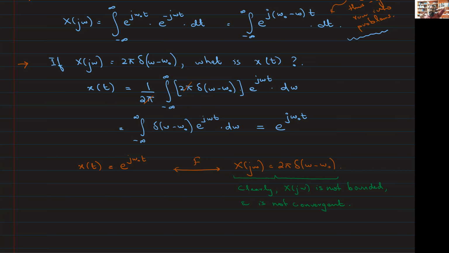Yet we've intelligently used the impulse function to represent a divergent quantity, a non-convergent signal, in the frequency domain, right? And this is going to come in handy later on as well. So for periodic signals e raised to j omega naught t, I can come up with a Fourier transform in terms of the delta function, which is 0 always, except at omega equals omega naught.